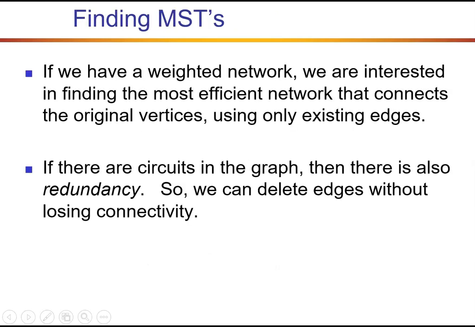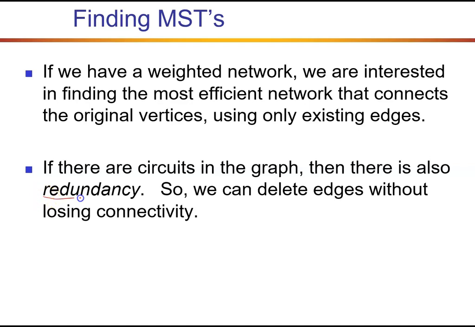So how do we find this minimum spanning tree? If we have a weighted network, we are interested in finding the most efficient network that connects the original vertices using only existing edges. Again, you can't add anything into the graph. If there are circuits in the graph, then there is also redundancy, so we can delete edges without losing connectivity.